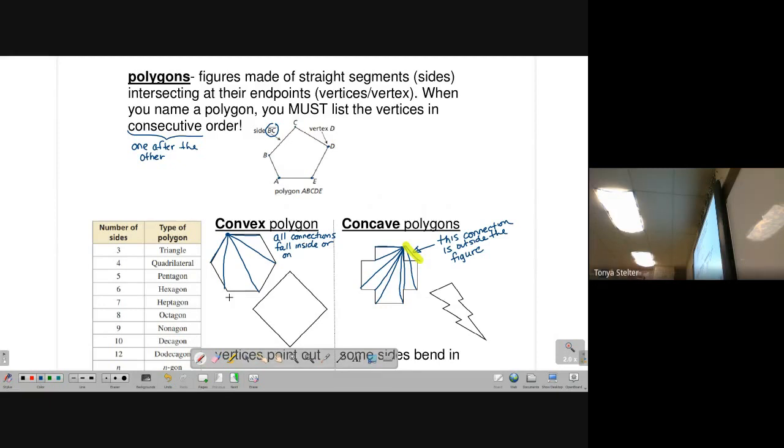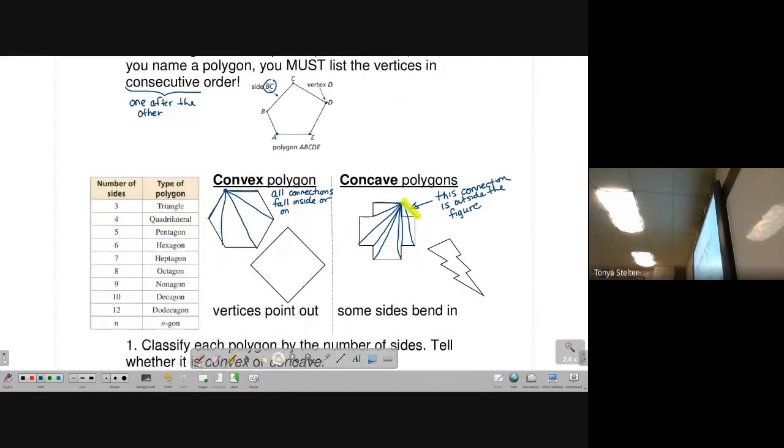Now, number of sides. You don't have to make a table. However, you do need to know these because not only will you be asked, they'll give you a description and you have to say if it's a heptagon, hexagon, that sort of thing, but they'll also give you the name in directions. Like you have a pentagon, the side lengths are, and then they'll ask you a question regarding that.